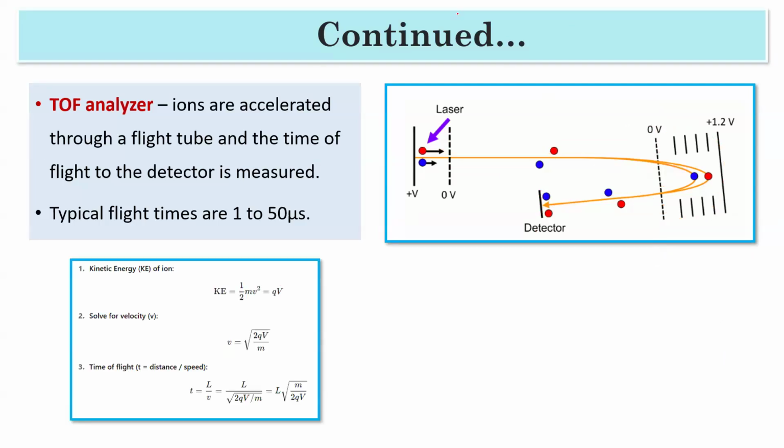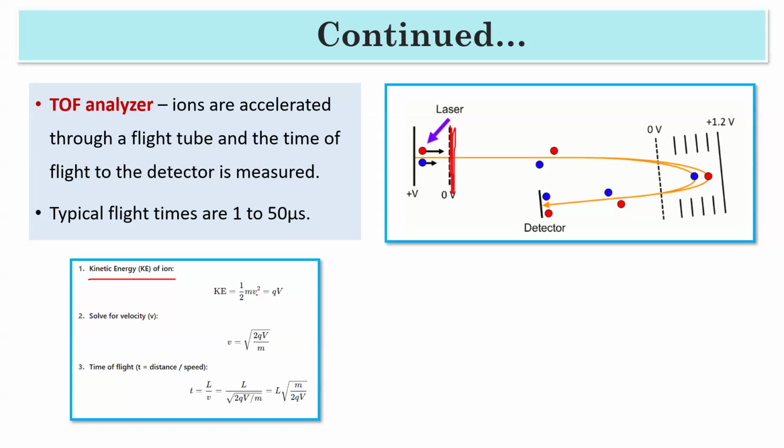I talked about how, based on how much time your ions are taking, we know the m by z. So you see here, when all the large molecular ions and small molecular ions are here, they will have some kinetic energy, right?